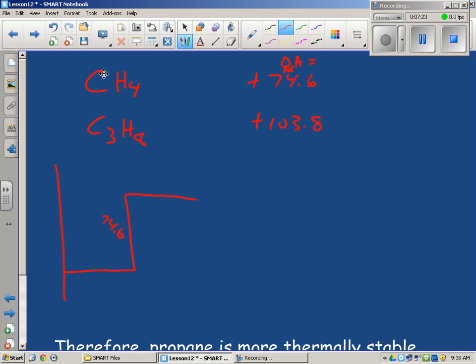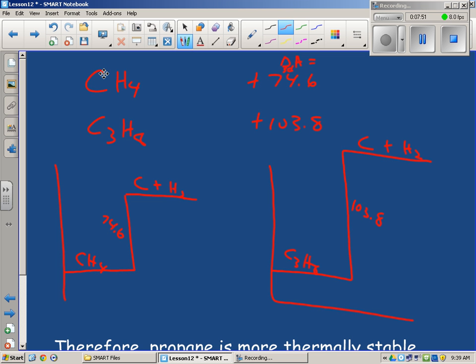If you wanted to break down CH4 into carbon and hydrogen, you would have to put in 74.6 kilojoules of energy. If you wanted to break down propane, you would have to put in 103.8 to break down propane into carbon and hydrogen. Now, I didn't balance those.